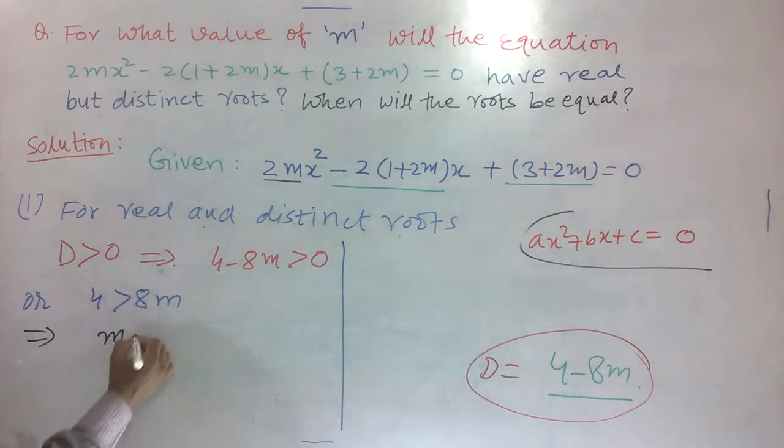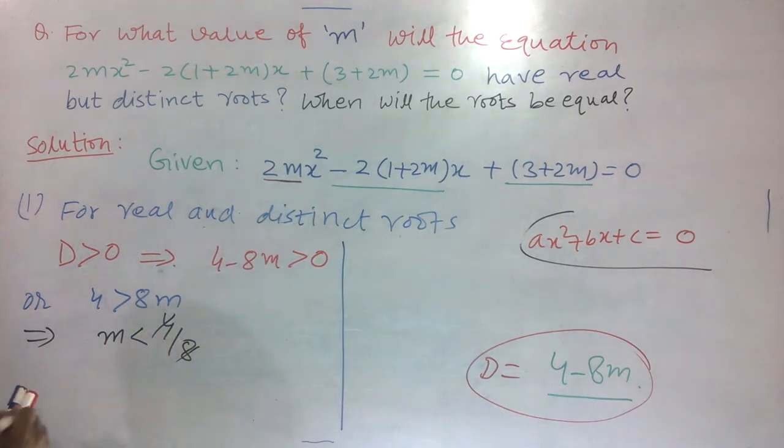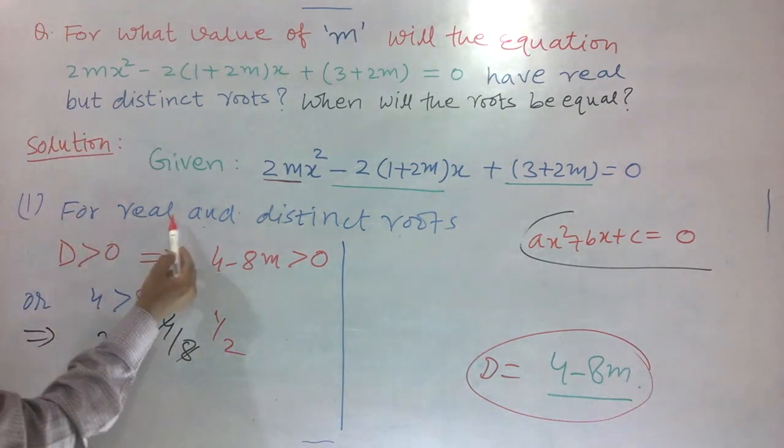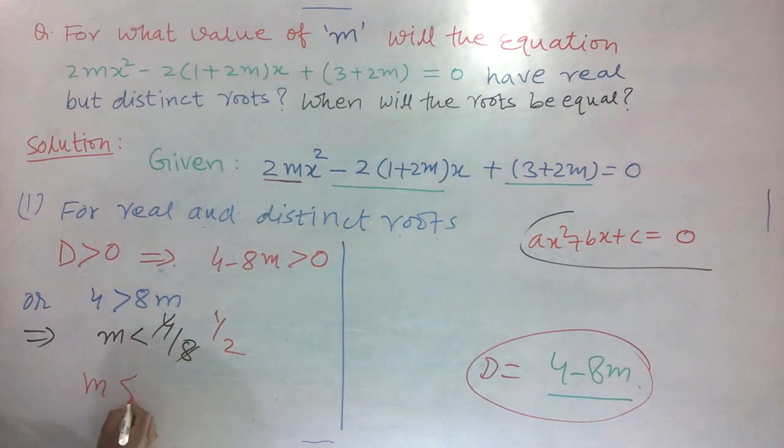Then m is less than 4 by 8. Cancel out, solve it. So it becomes 1 by 2. So we can say finally that for the real and distinct roots, the value of m must be less than 1 by 2. This is your answer of first part.